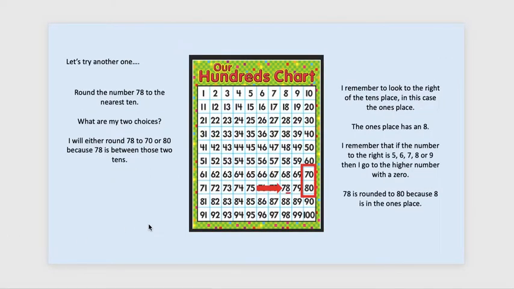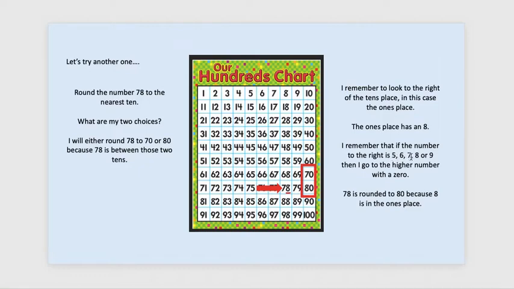Let's do 78. You're working along and the problem says round the number 78 to the nearest 10. Here's 78. I've underlined the 8. Because I'm rounding to the nearest 10, I go to the tens, I look to the right, there's an 8, and I remember the rules.